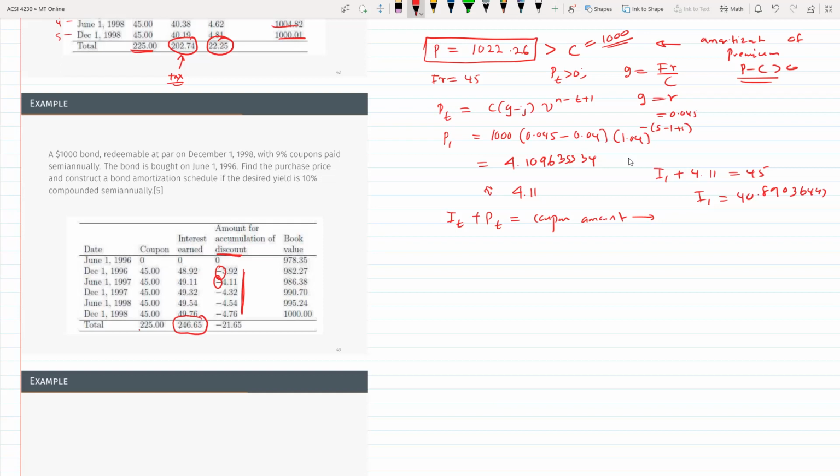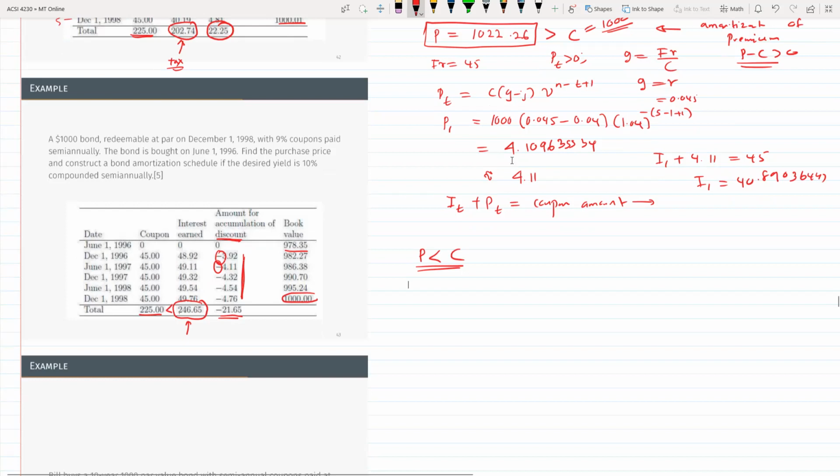Your total coupon payment is 225, but your tax is going to be based on 246 and 65 cents. So this one is very high. Why? Because the premium is less. So you bought a $1,000 redemption amount bond at less than that. So you paid price less than C.